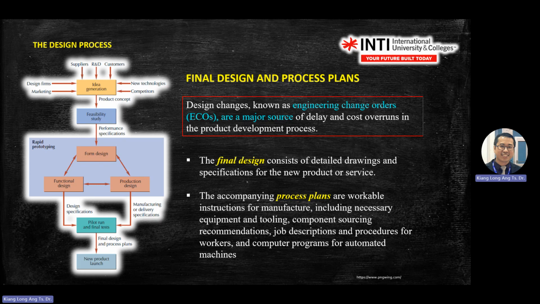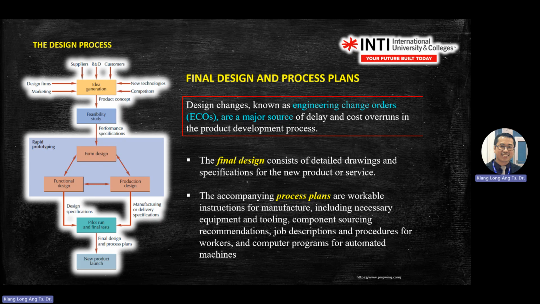The output from the pilot run and final test will be the final design, consisting of detailed drawings or detailed process for the milk and specification for the new milk products. So this is what we expect from your answer. You need to link back to the question. If you copy and memorize this and put it inside your answer, you don't get the full marks because you do not link to the question.